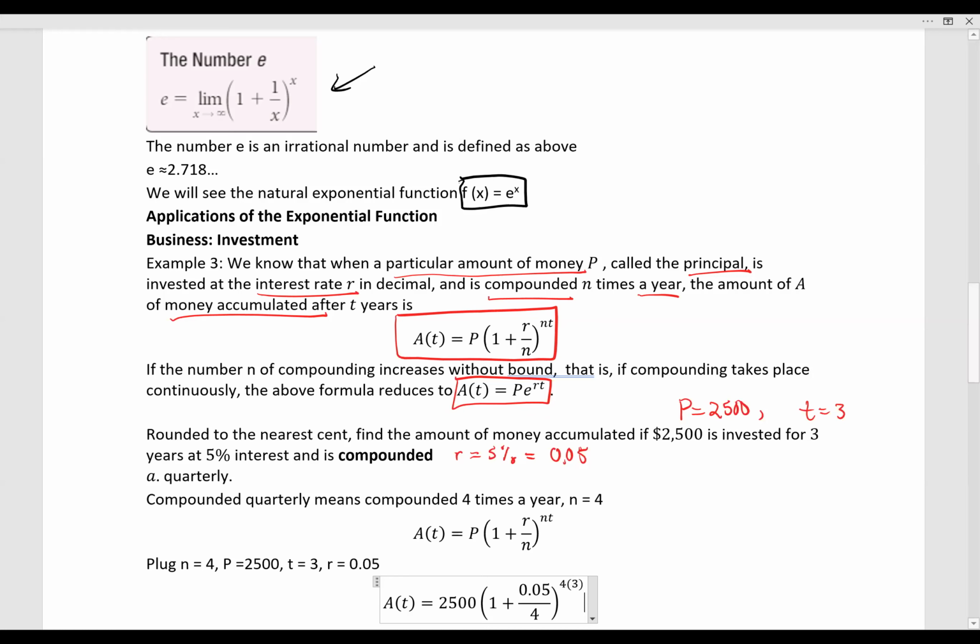In order to do this, you need to know how to use a calculator. So let me show you. I'm going to use a TI-83. Where's my TI-83? Give me 1 second. Here we go.